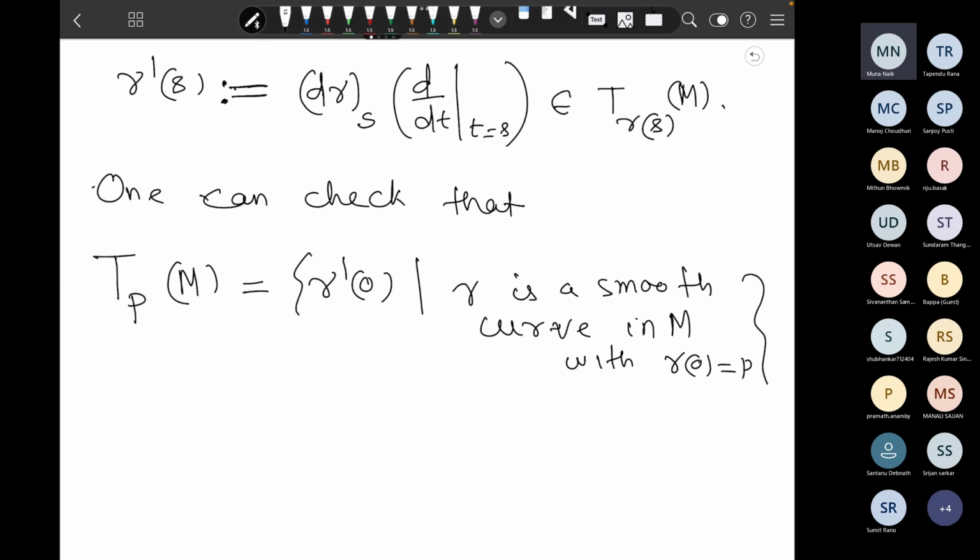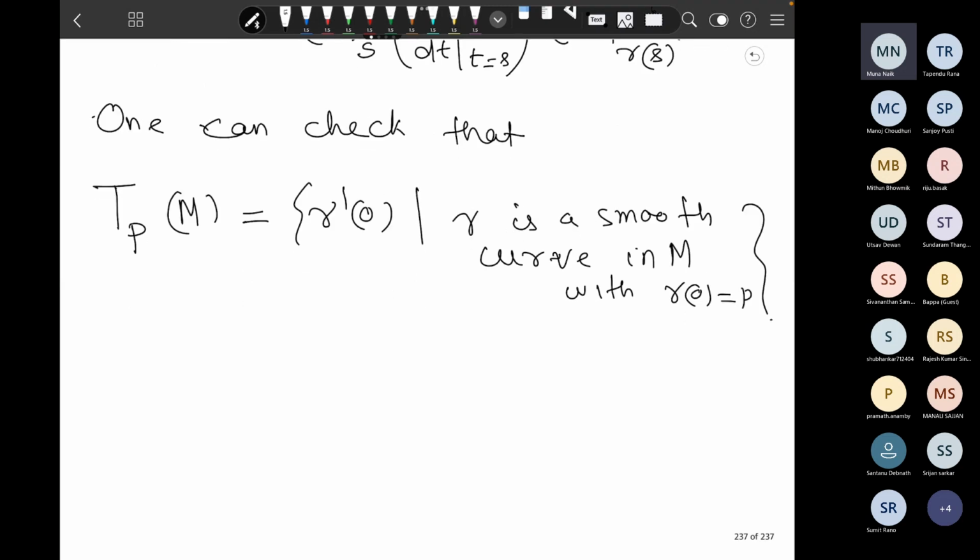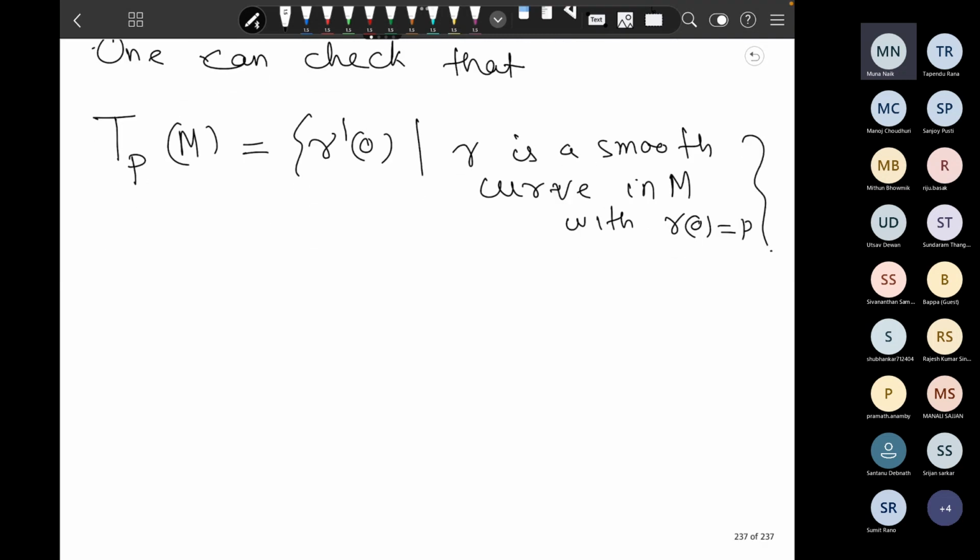So now I want to give another description of this map df_p. So recall, let f: M to N be a smooth map.